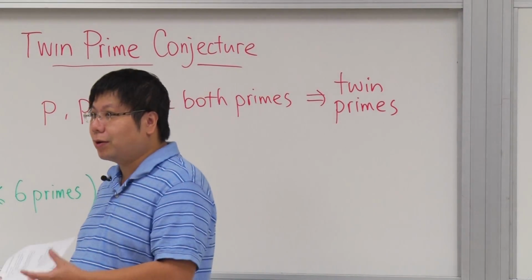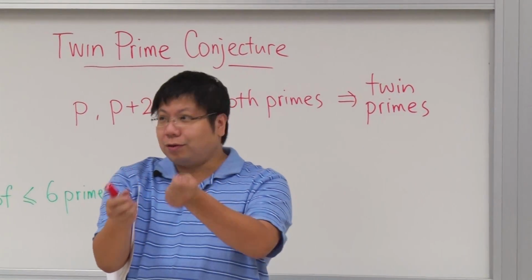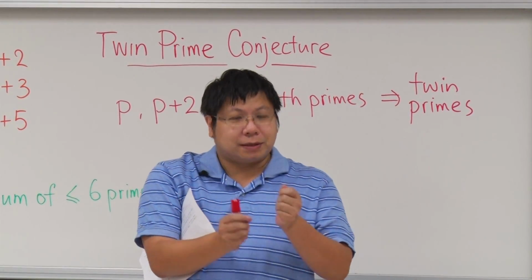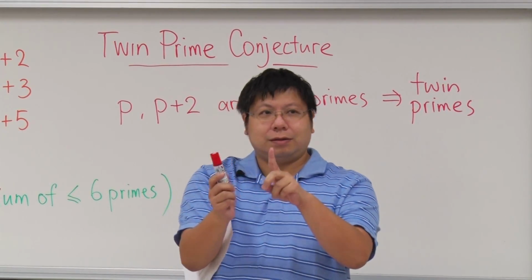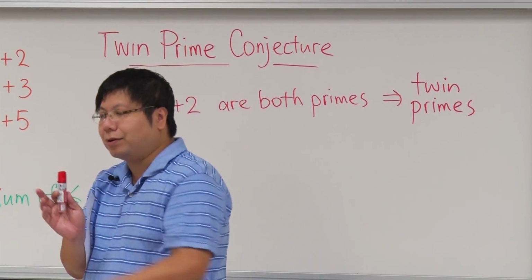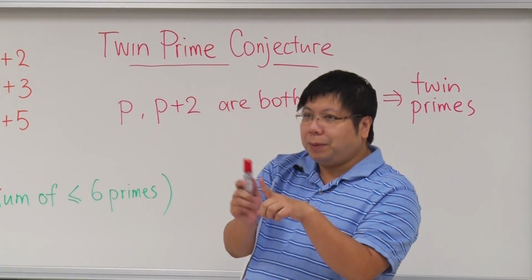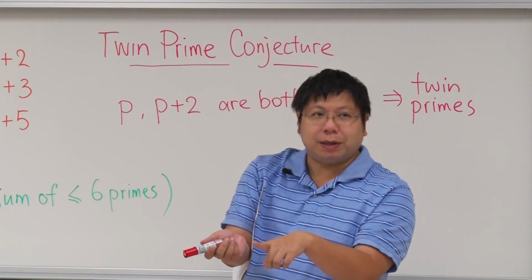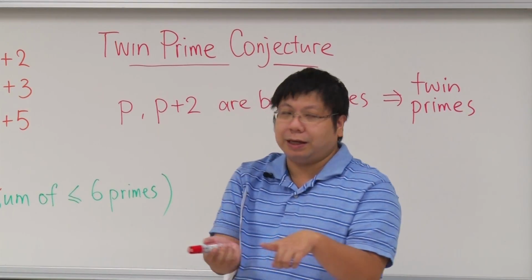So why do we call them twin? Because they just look really the same, right? P and p plus 2. So for large p, for a large prime, p plus 1 will not be a prime because it will be an even number.